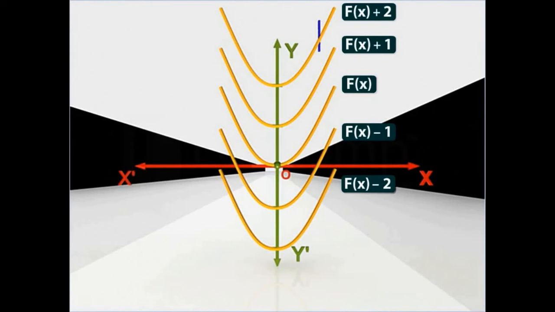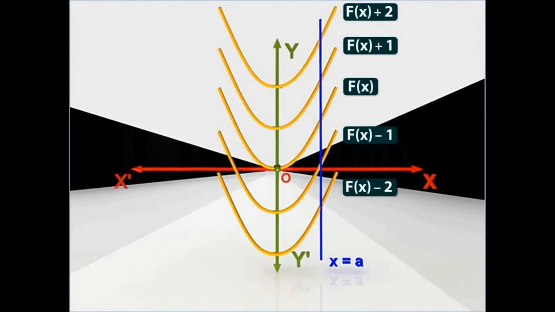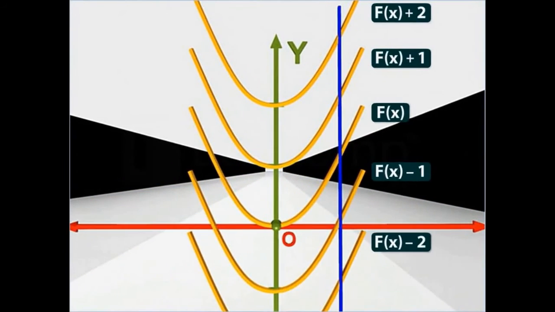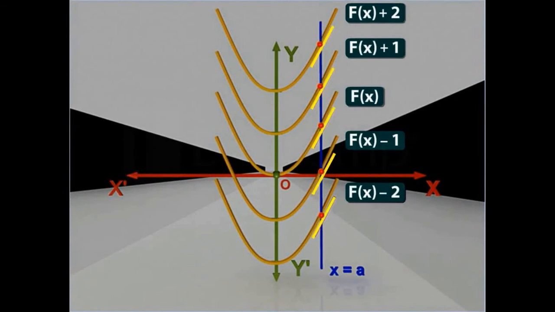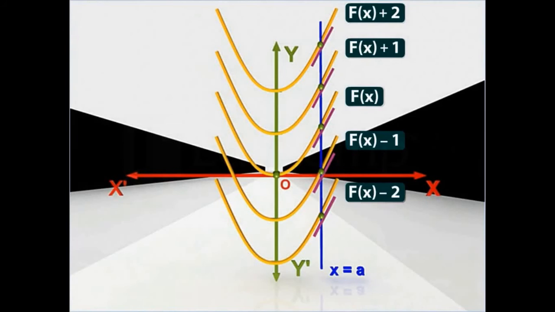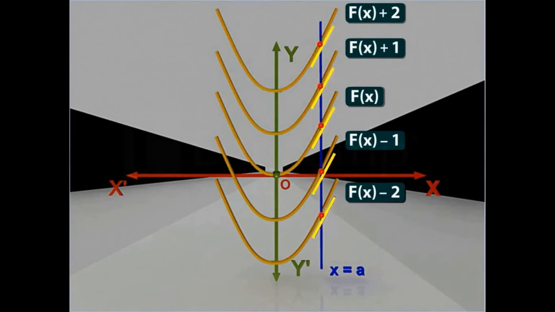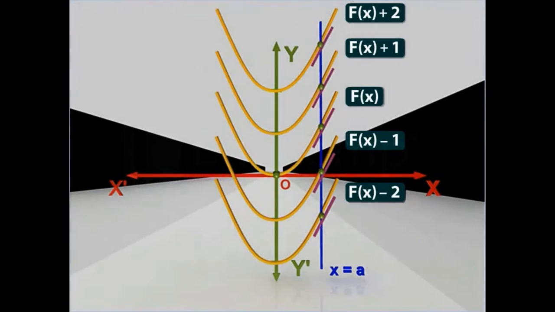If the graphs are intersected by a line x equal to a, and tangents are drawn to all the curves at the point of intersection of the curves by the line x equal to a, the tangents obtained are parallel to each other, representing that the gradient of each tangent is the same.